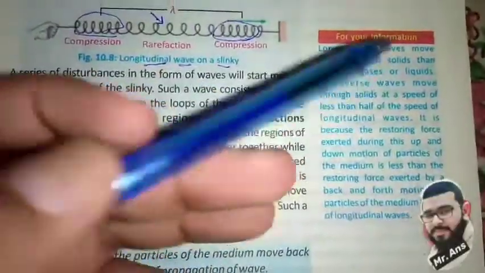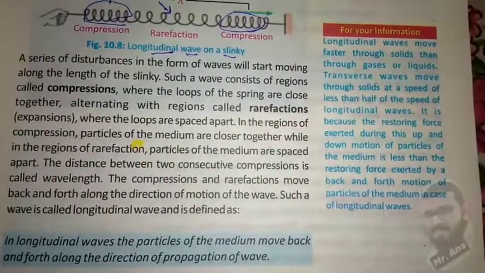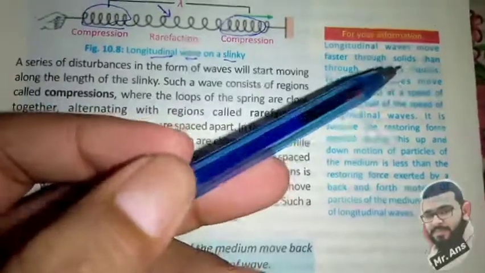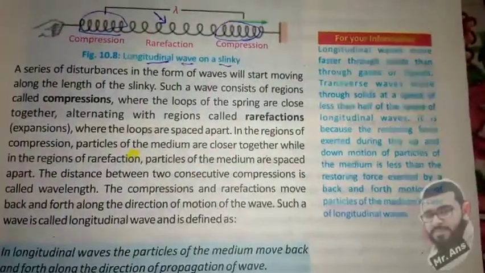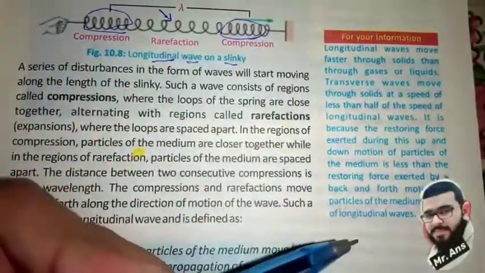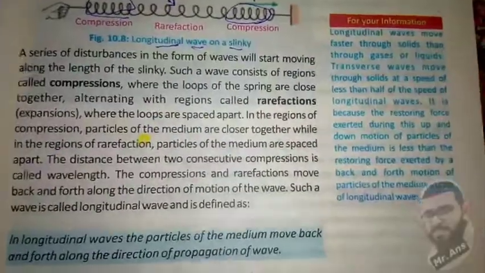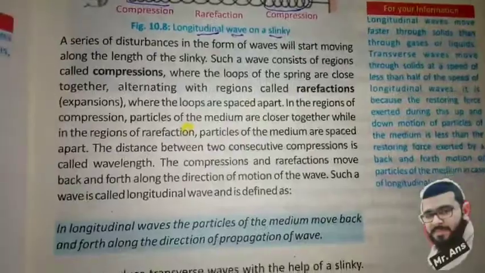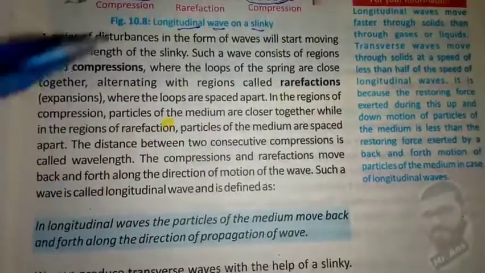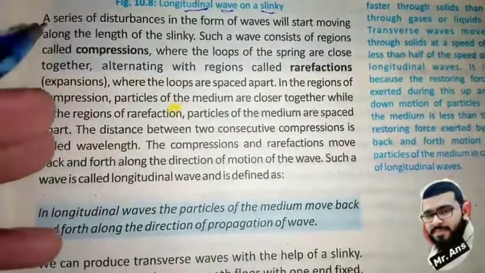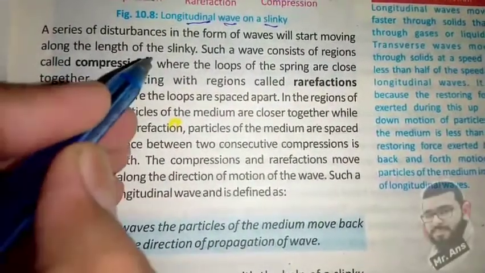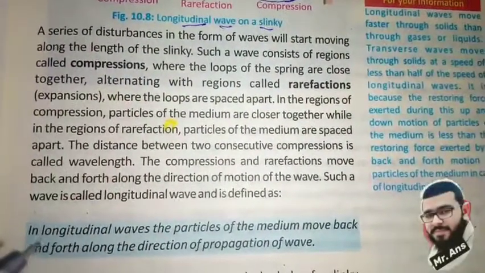For your information, longitudinal waves move faster through solids than through gases or liquids. Next, a series of disturbances in the form of waves will start moving along the length of the slinky.